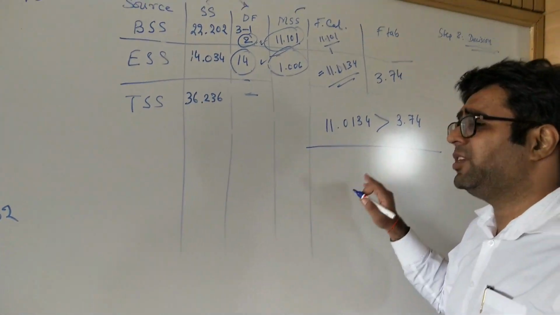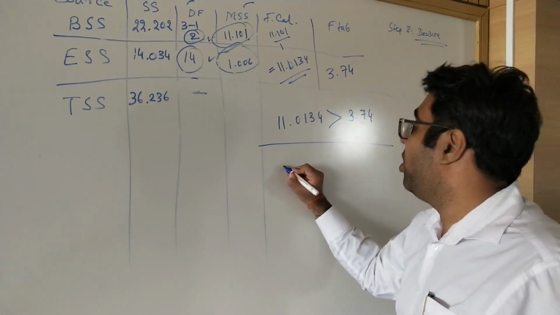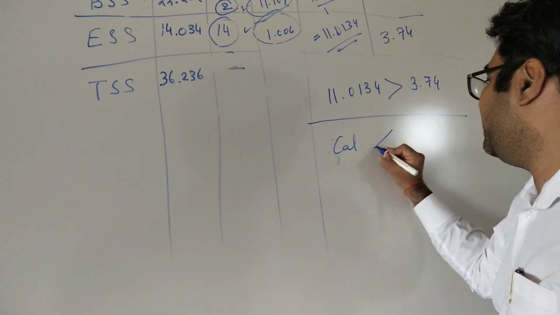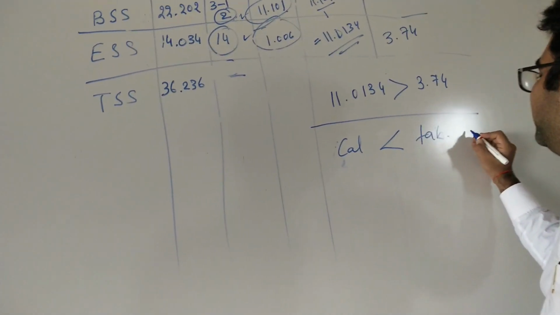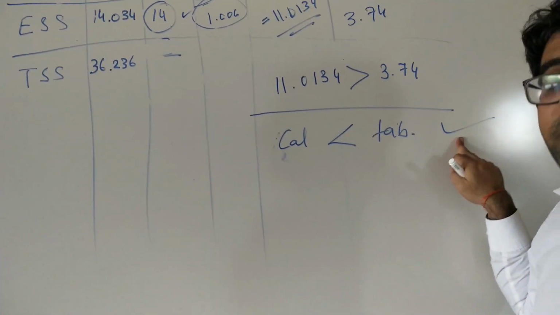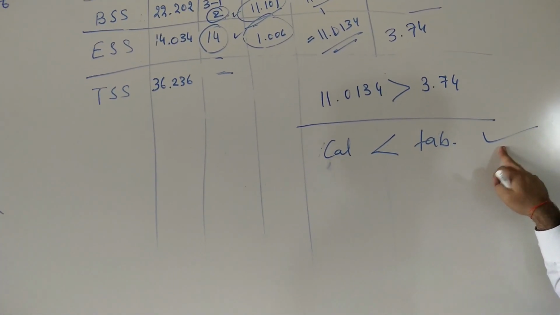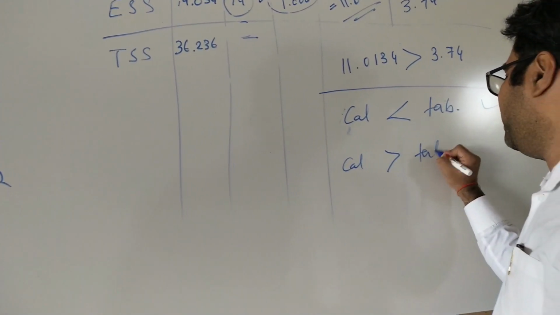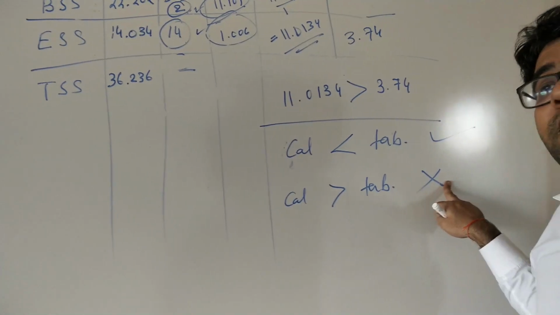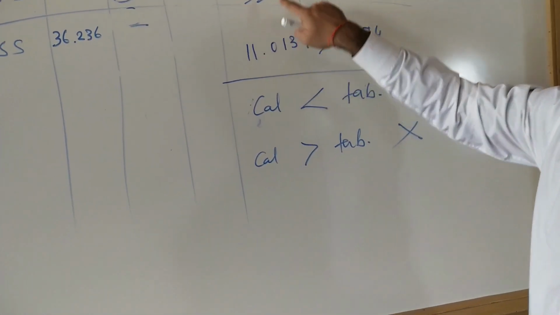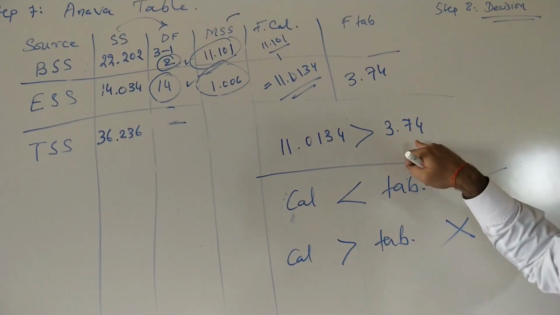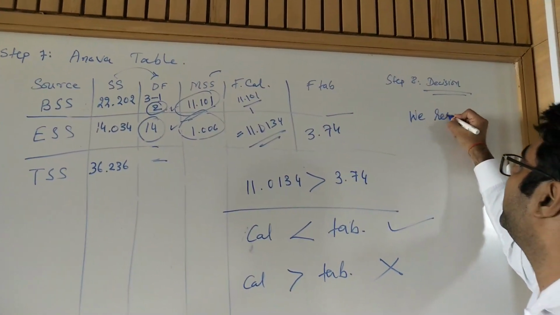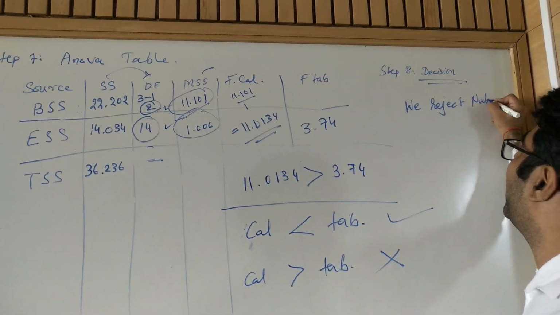Always remember, if the calculated value is less than the tabulated value, then our null is accepted, but we write fail to reject null. If the calculated value is greater than the tabulated value, we reject our null. In our scenario, the calculated value is greater than the tabulated value, so our decision is we reject the null hypothesis.